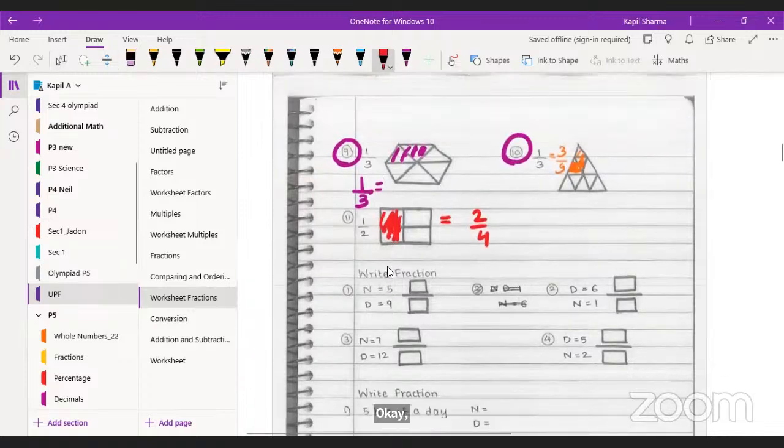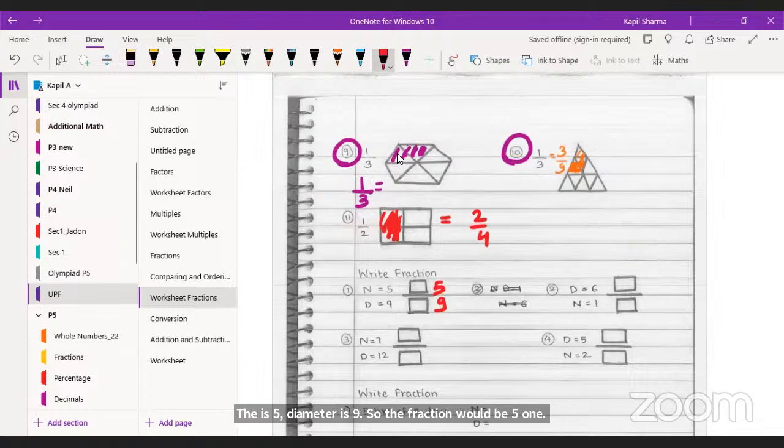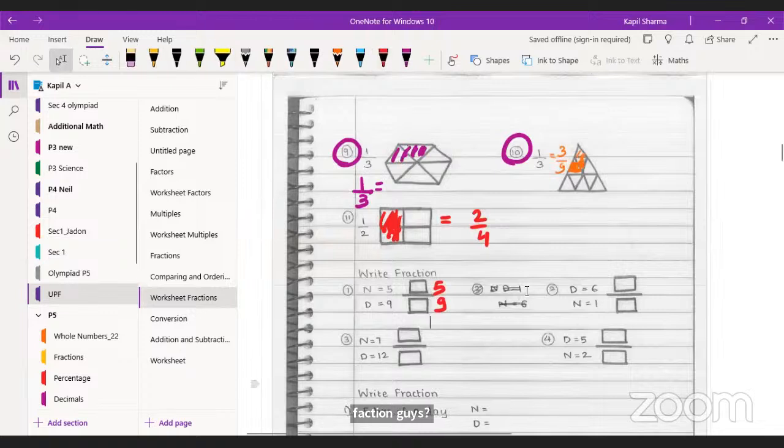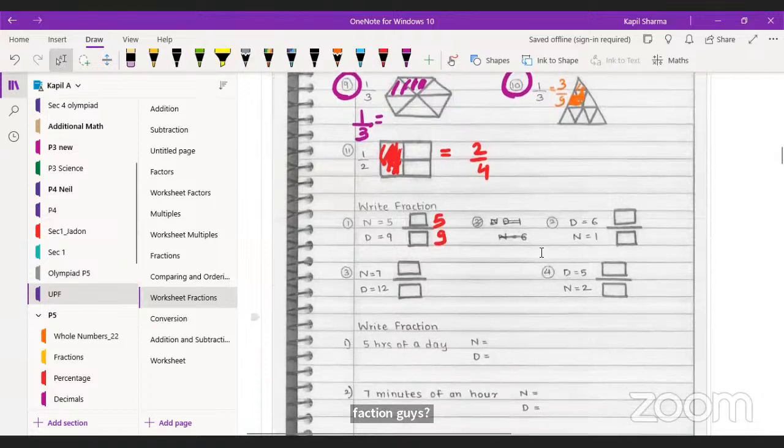Okay, so this is pretty straightforward. Numerator is 5, denominator is 9. So the fraction would be 5 over 9. Okay, second one, denominator is 6, numerator is 1. What would be the fraction, guys? Yes, quickly respond.